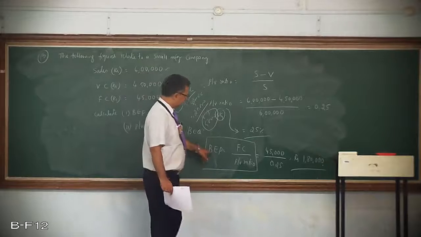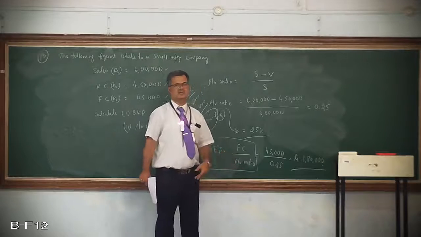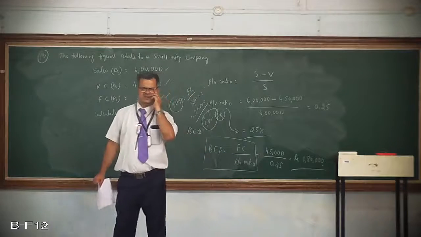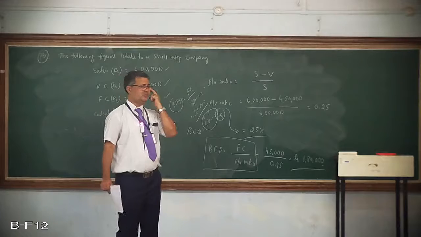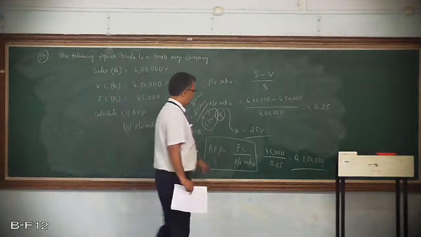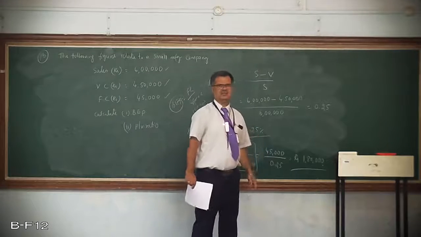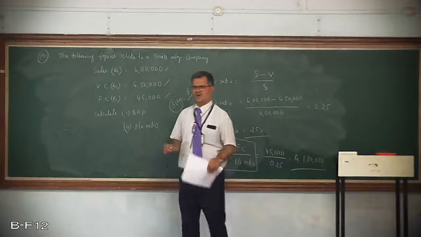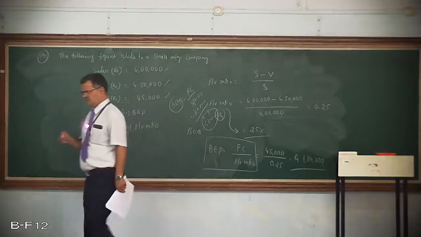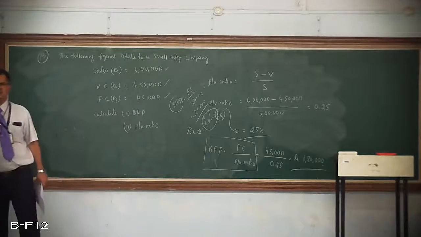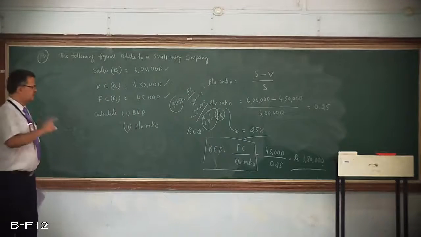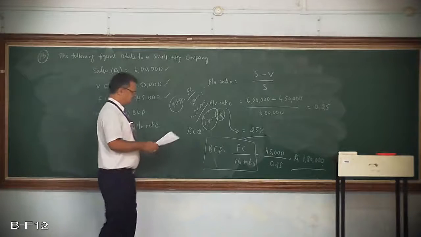But here, break-even point is the ratio of fixed cost in rupees, FC by ratio, so FC in rupees. That's why you get a break-even point in rupees. I hope you understood how you get the BEP either in rupees or in terms of quantity. If it is a quantity, then it becomes break-even quantity, BEQ.